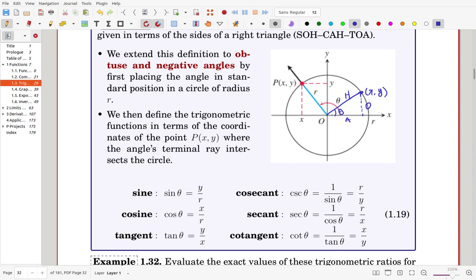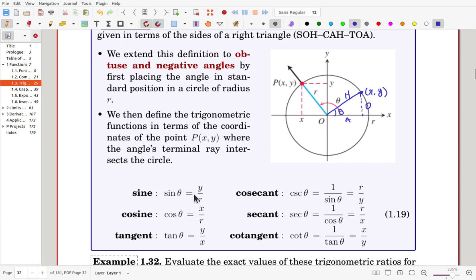So sine theta will be opposite over hypotenuse, O over H. And CAHTOA is the same. Basically, we define sine, cosine, tangent for a general angle, but that is the same as SOHCAHTOA.